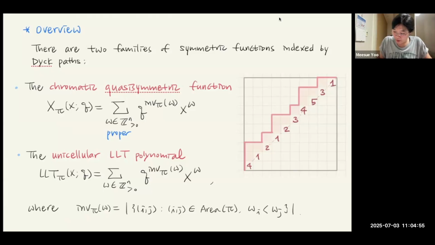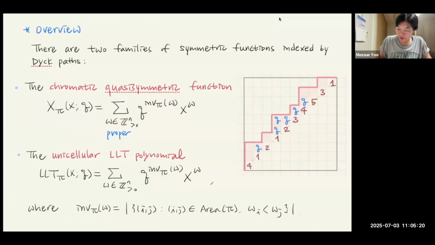And for example, here, 4 is larger than 3, so you put q there. Of course, 5 is larger than 4, so here there is an inversion as well. And then 3 is larger than 2, so it gives q. And 3 is larger than 1, so again, you have q here, q here. And then 2 is larger than 1, so you have q here.